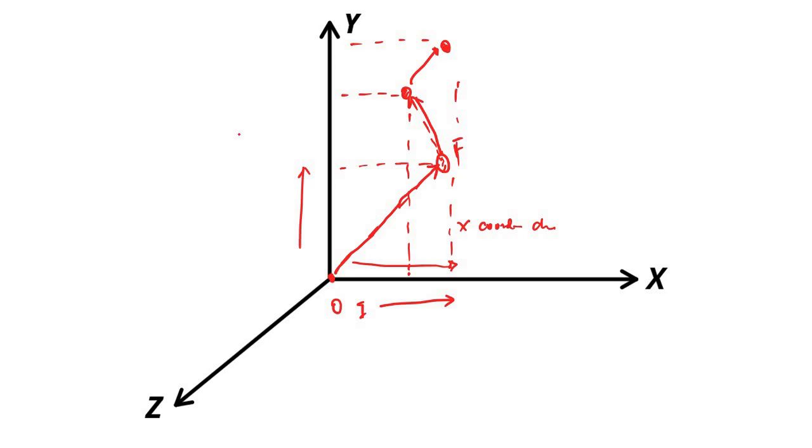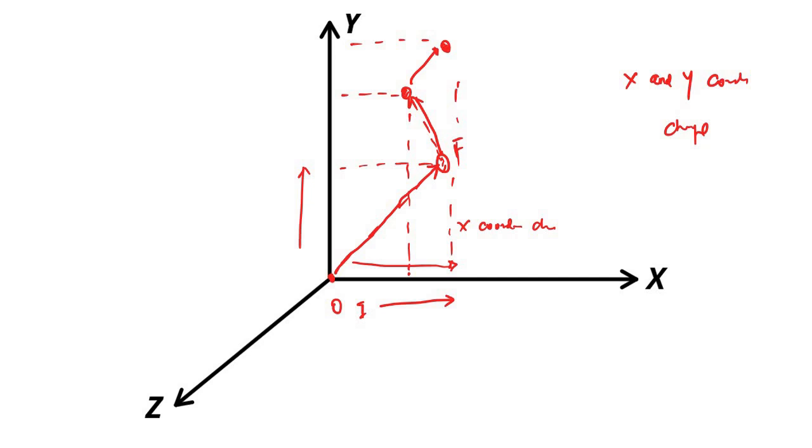So here if you see, the motion is restricted to one plane, which is the xy plane, because only the x and y coordinates are undergoing change. So it is two-dimensional motion in the xy plane, or motion in the xy plane. That's why two-dimensional motion is also called motion in a plane.